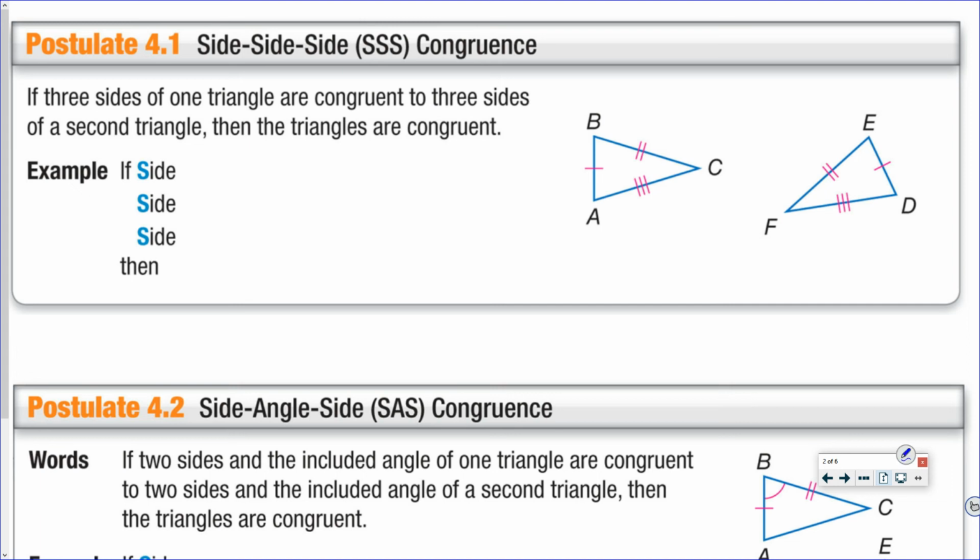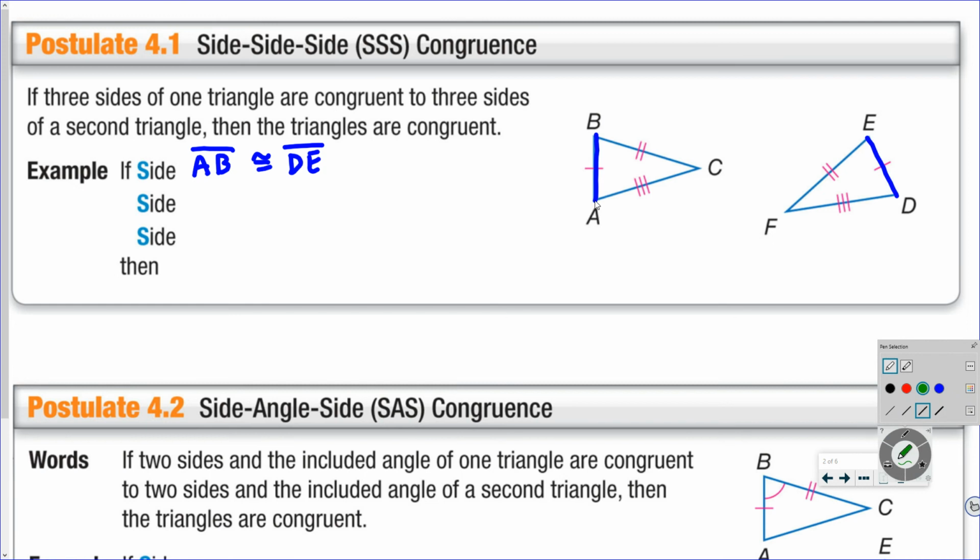So let's look at this example for a second. You can see side AB is congruent to DE. There's one side. And we can see BC is congruent to EF.